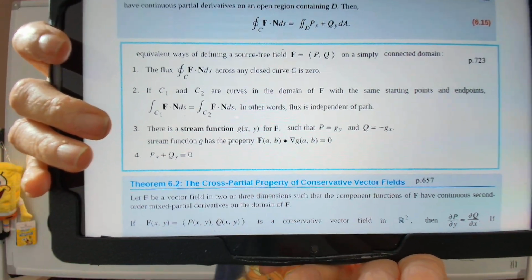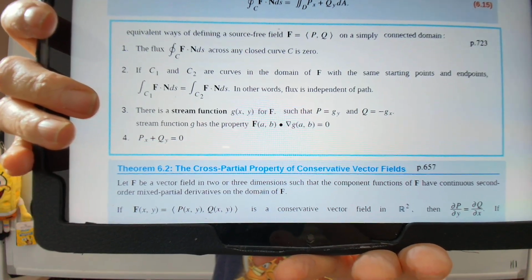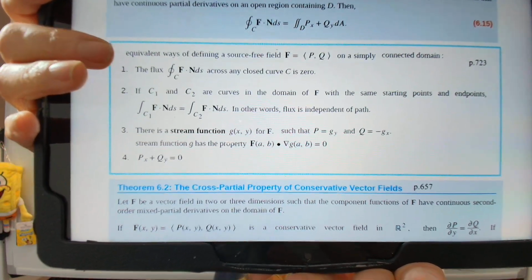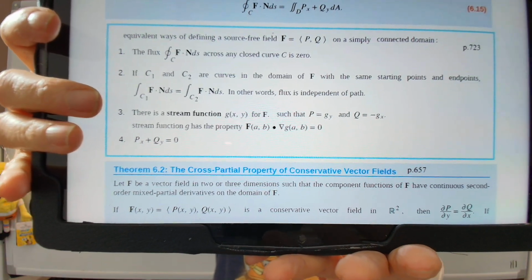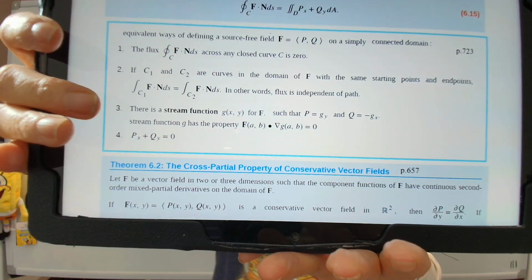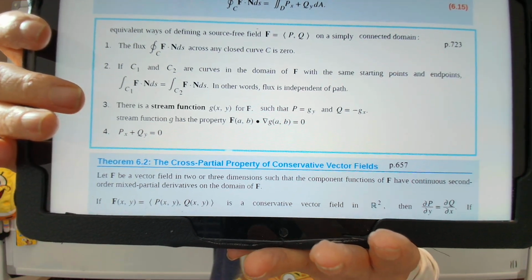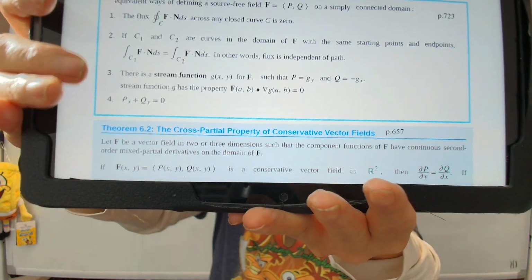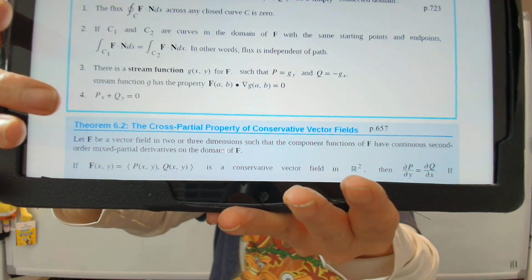A source-free field also means that there's a stream function g such that, where F is P, Q, we're talking about 2D right now, P is gy. That's the partial derivative, and Q is minus gx. And then it also has that dot property that we won't pay attention to right now.